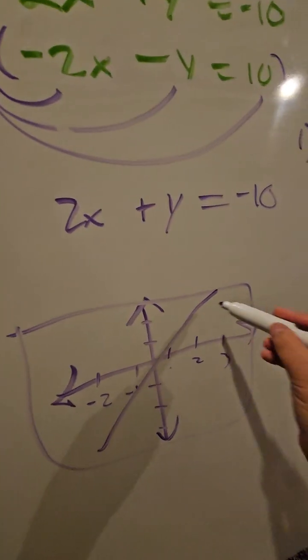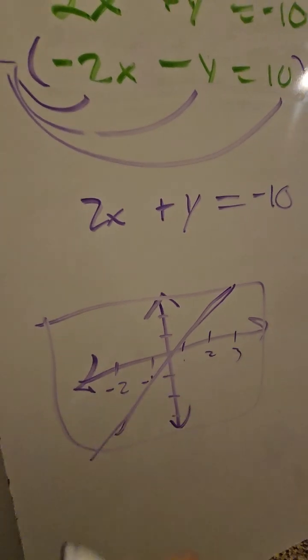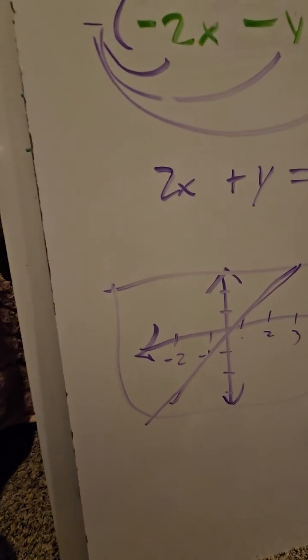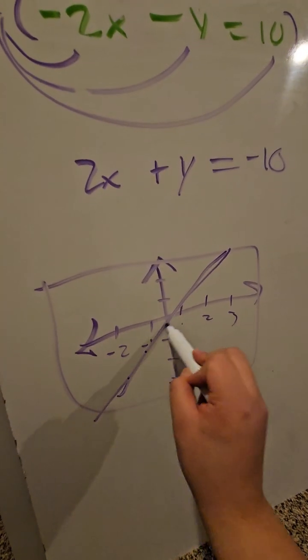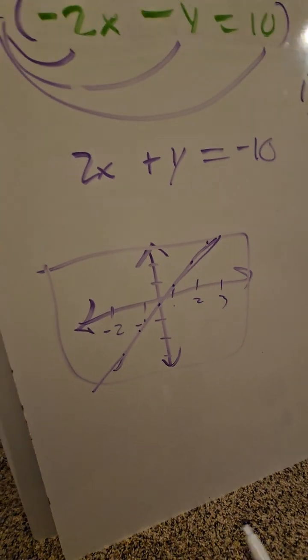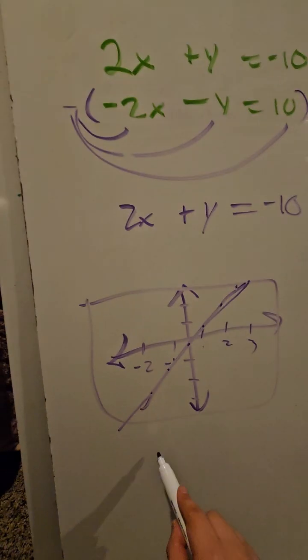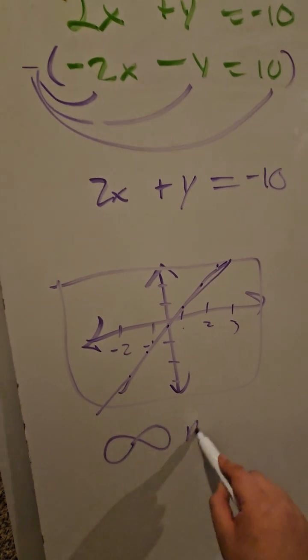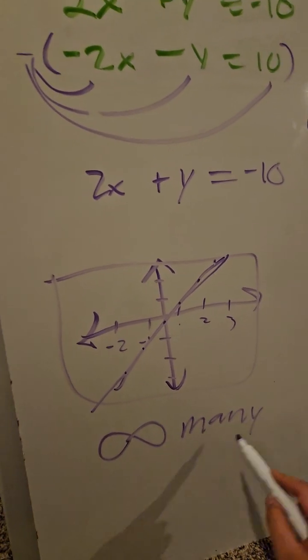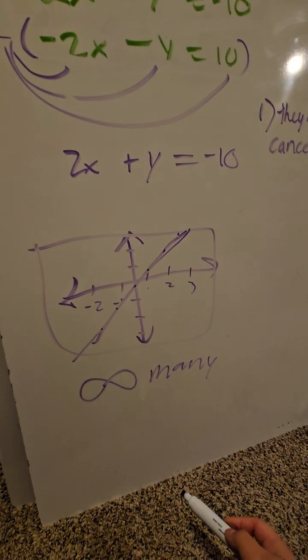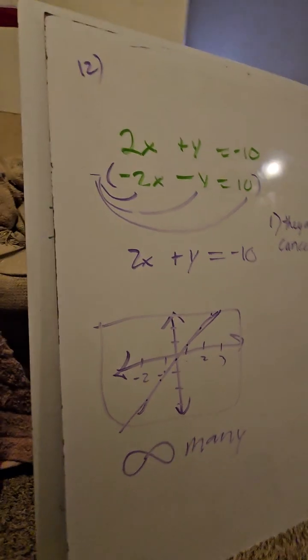So both of these equations would just be on top of each other. And that would mean that any point on this line is an answer for both of the equations, which would give you infinitely many solutions. It's basically because they're the same line, so that's when you get infinitely many.